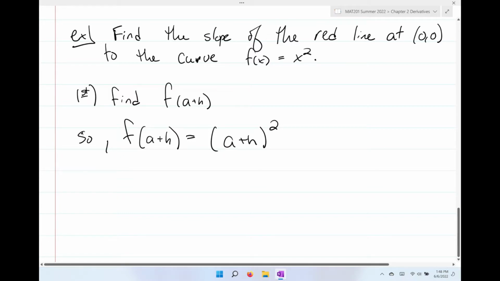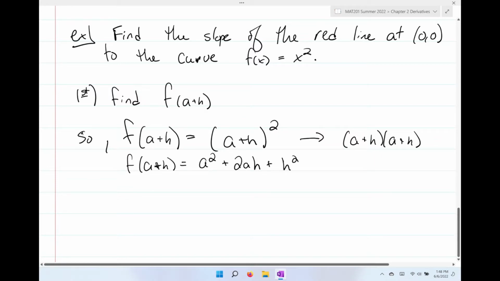Now we know the quantity a plus h to the second power means a plus h times a plus h. So, after simplification and distributing, f of a plus h is going to equal a to the second plus 2ah plus h to the second. That's the first thing we want to do. Second is pretty straightforward.